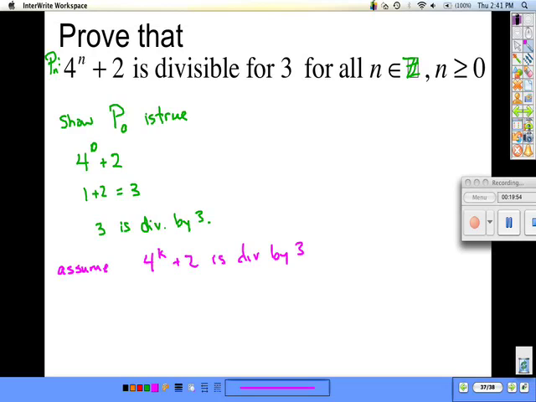And now we need to show 4 to the k plus 1 plus 2 is divisible by 3.